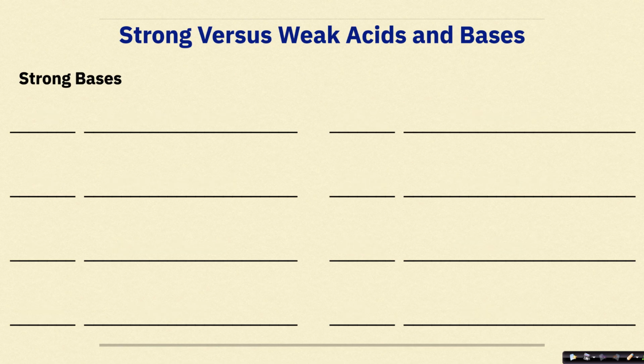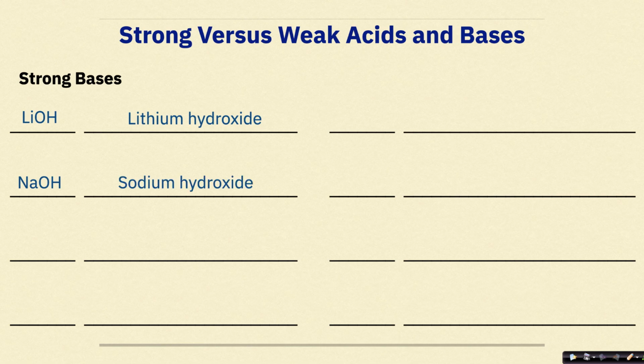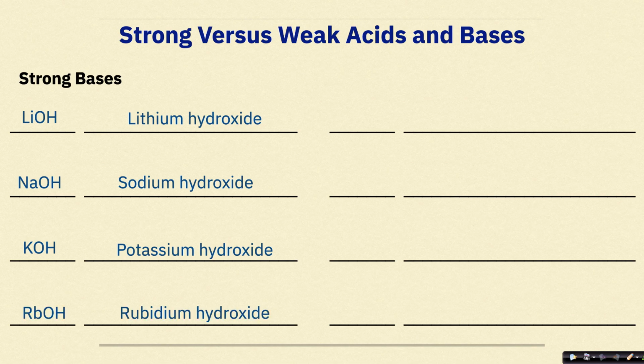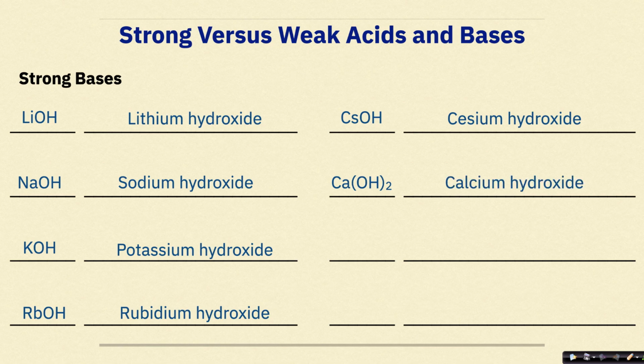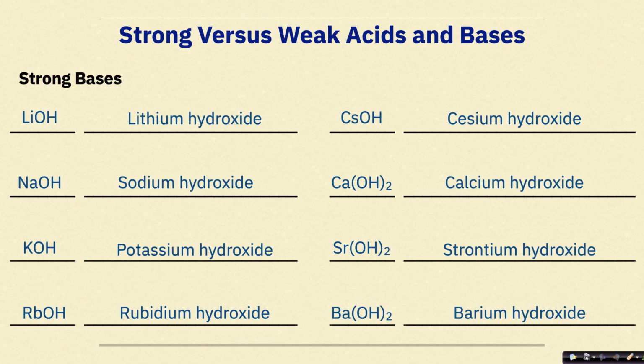When we talk about strong bases, these are a little bit more straightforward. LiOH, lithium hydroxide, NaOH, sodium hydroxide, KOH, potassium hydroxide, RbOH, rubidium hydroxide, CsOH, cesium hydroxide, Ca(OH)2, calcium hydroxide, Sr(OH)2, strontium hydroxide, and Ba(OH)2, barium hydroxide.